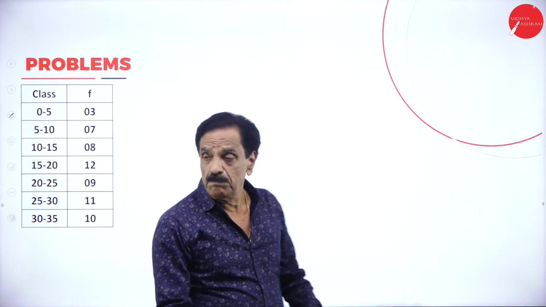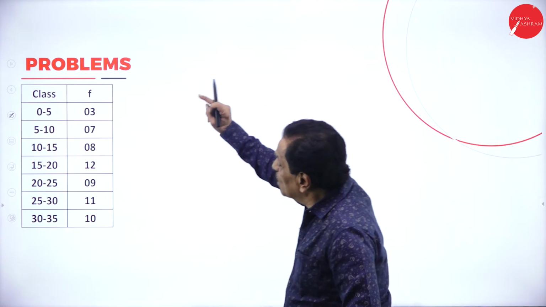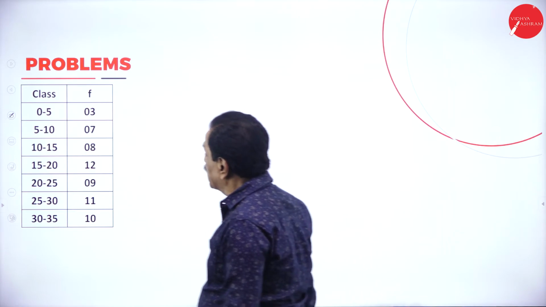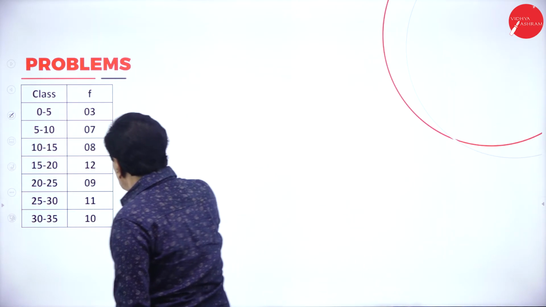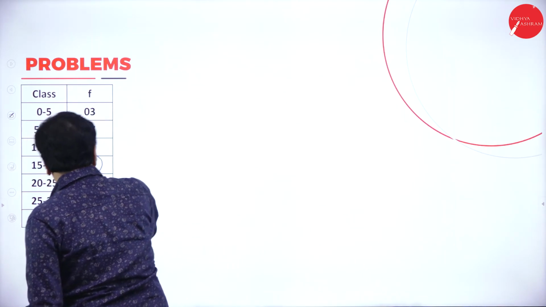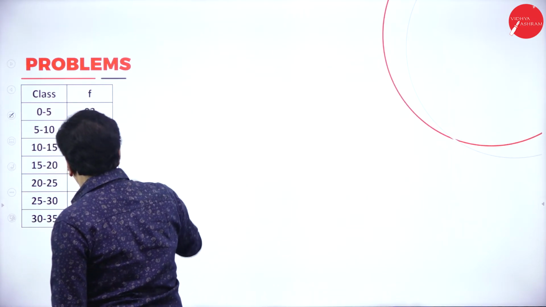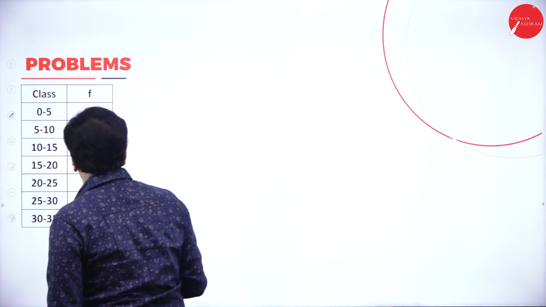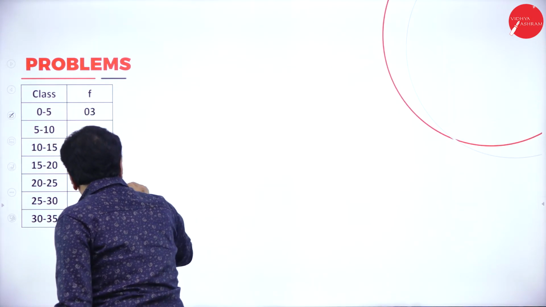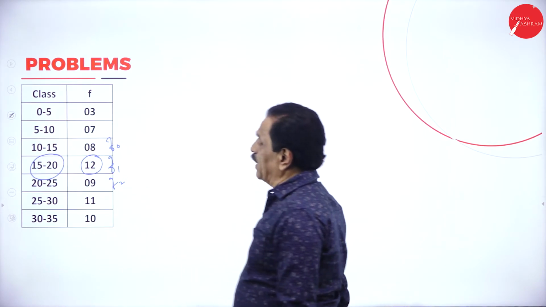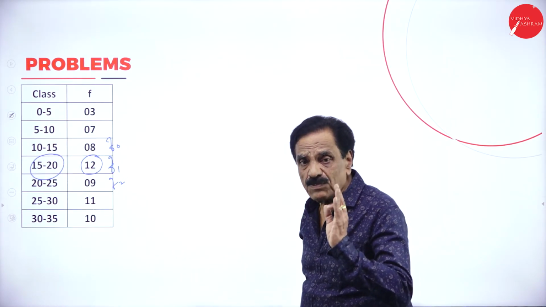What's the next problem? Class 0 to 5, 5 to 10, 10 to 15. Which is the highest frequency? 12 is the highest frequency. The highest frequency is called F1. Behind is F0. Next is F2. The modal class is 15 to 20. 0 to 5 means your class interval is 5.